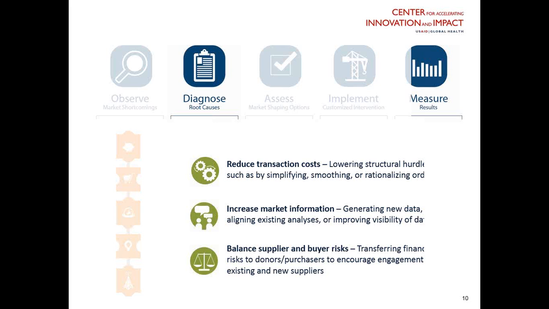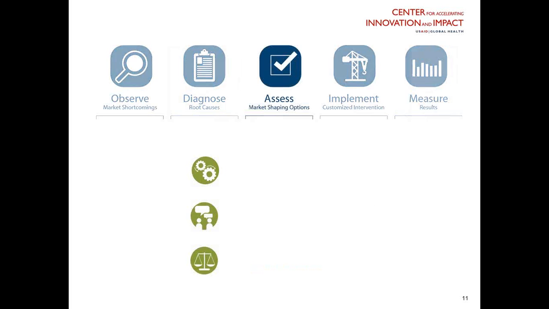And the third, balancing supplier and buyer risks, is really looking at transferring financial risks, typically from the supply side to the buy side, the donors or purchasers, to encourage engagement from suppliers. This could encourage existing suppliers to act more in the marketplace, or it could even invite new suppliers to enter who otherwise would not have.